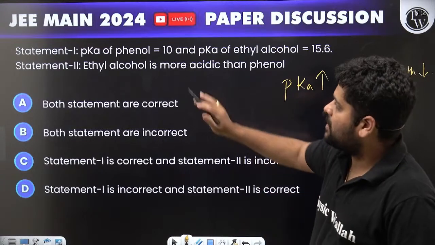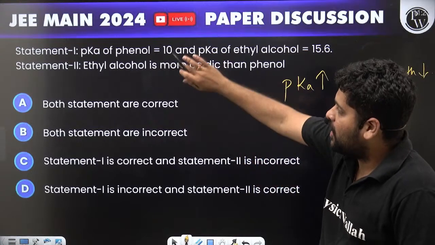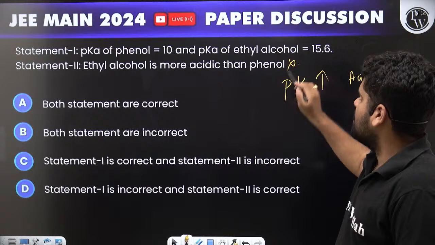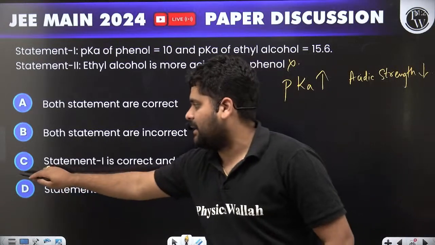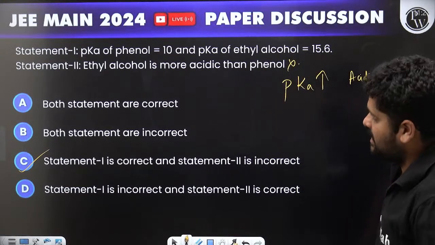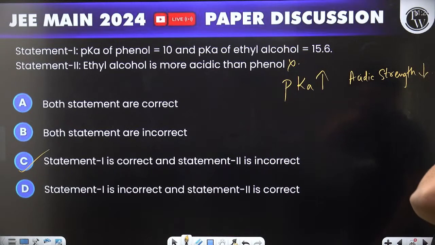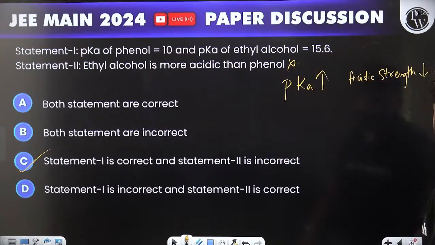Okay, so phenol is more acidic than ethyl alcohol. That statement is correct. Now, the converse of that, ethyl alcohol is more acidic than phenol. This is wrong, isn't it? So only statement 1 is correct. Statement 2 is incorrect. So correct answer is option C. Option C. Okay, pKa of phenol is 10. It is more acidic than ethyl alcohol. Ethyl alcohol is more acidic than phenol. It again contradicts statement 1, so it is wrong.